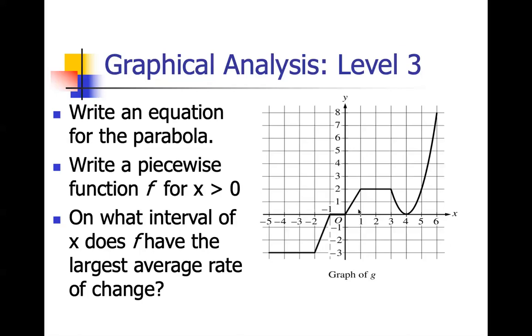And another piece that's nice, because we now have that parabola, is to have them estimate the area between the x-axis and the curve for the first quadrant, and see what are different ways that they could estimate that area between the parabola and the x-axis.